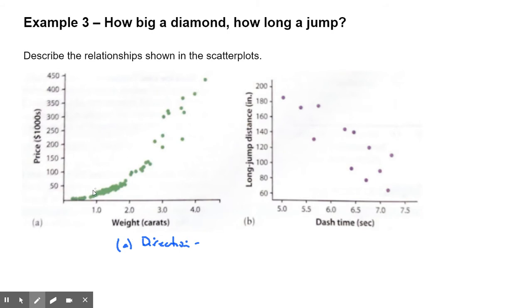If I look at this, this is definitely a positive relationship. As the weight of your diamond increases, the price of your diamond increases. And again, I want you to say some sort of a sentence, like, as weight increases, price increases.